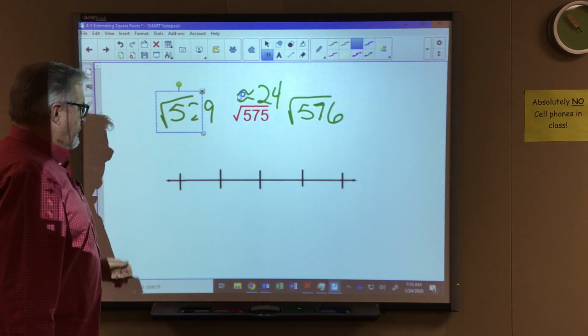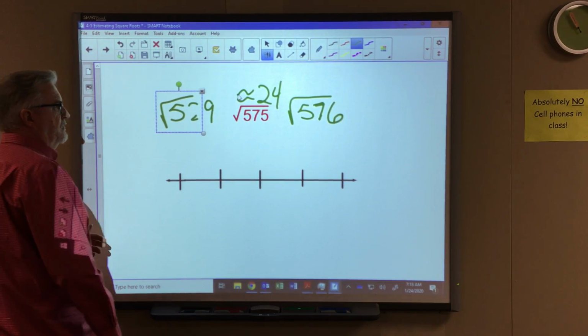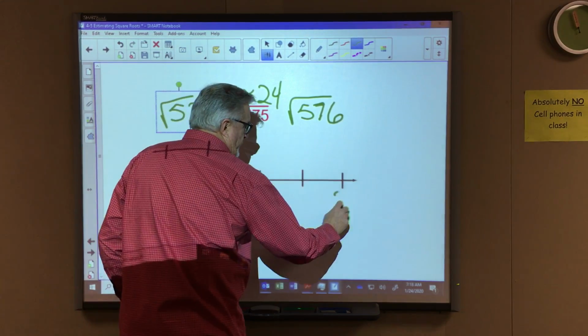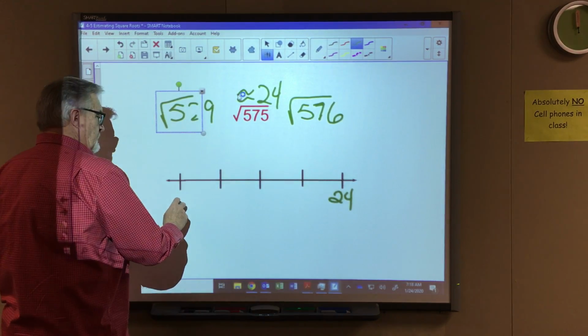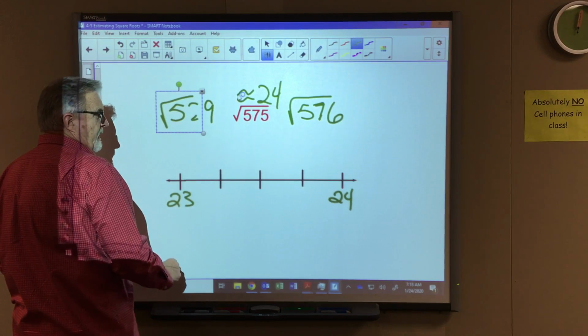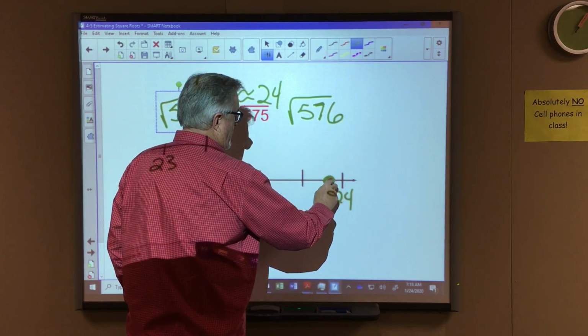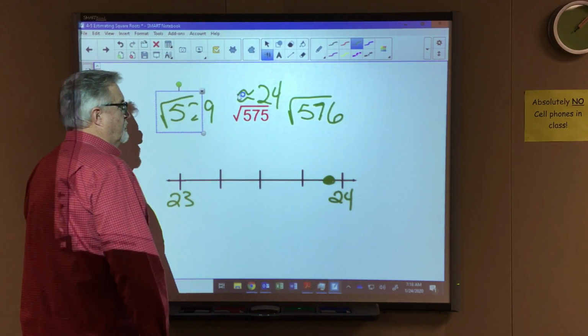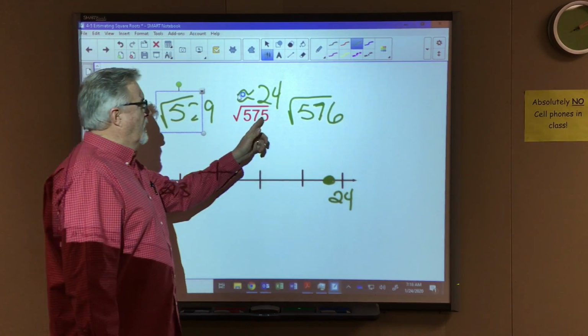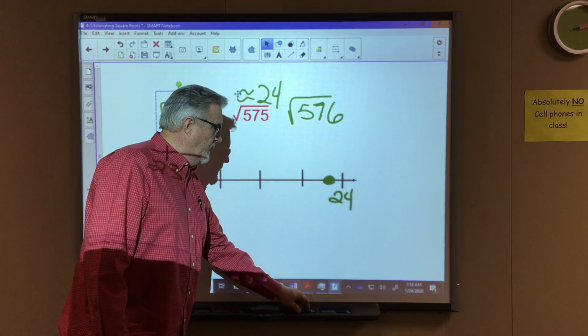Okay? And then on a number line, 24 would fall down here. 23 is here. And we're going to be knocking on 24's door there, because we're just one away from the perfect square.